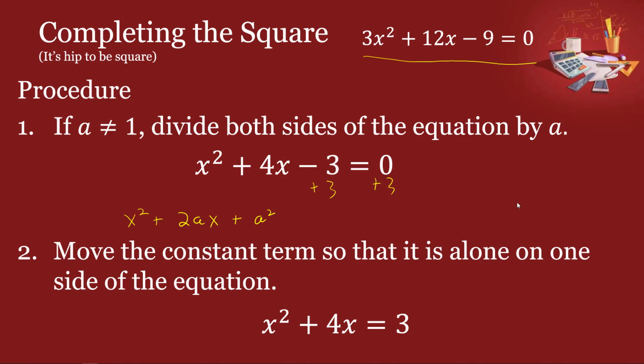Right now we have the x squared, and we have the 2ax, which looks like 4x. What we're missing is the a squared, which in this case would be 4.